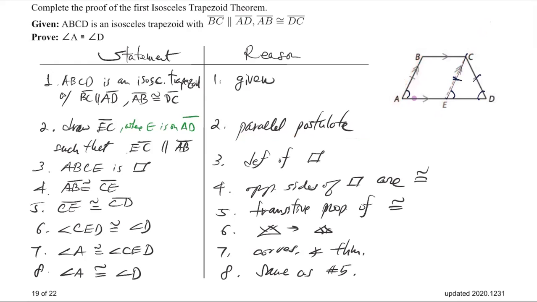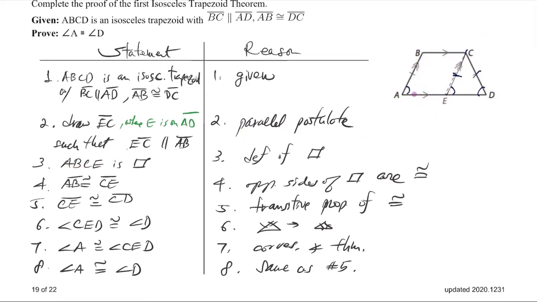Now, once I do that, we know that these two are parallel. But we also know that these two are parallel, do we not? Because of that, ABCE has to be a parallelogram by the definition of parallelogram, because when both opposite pairs are parallel, then it's a parallelogram.